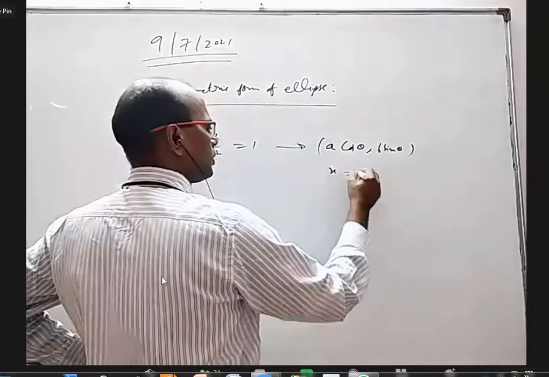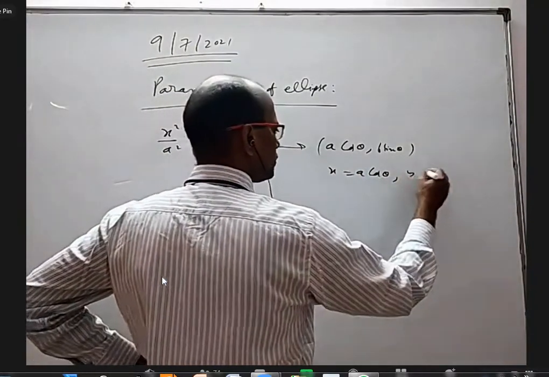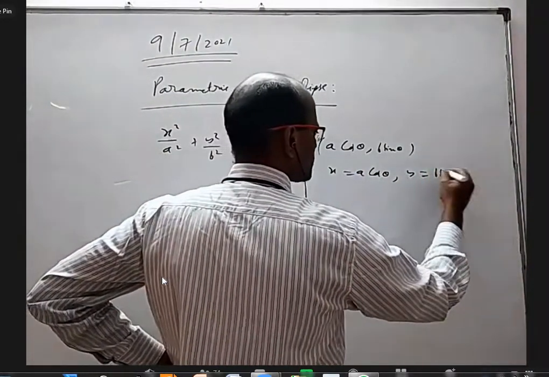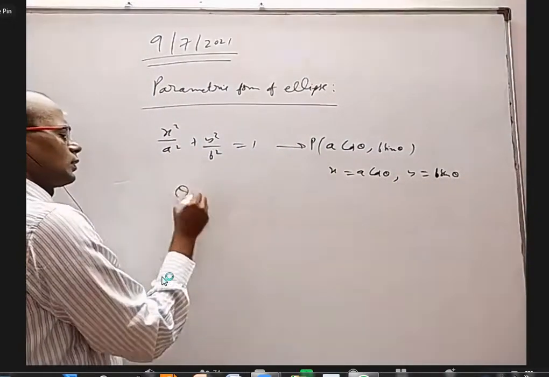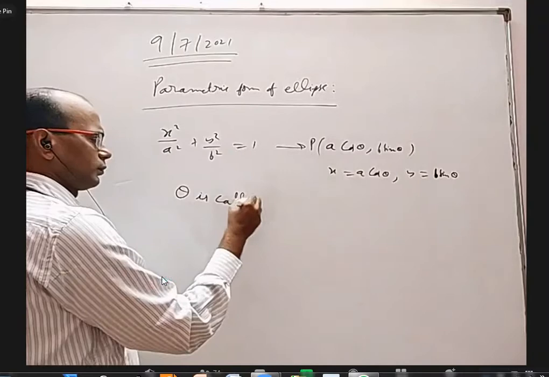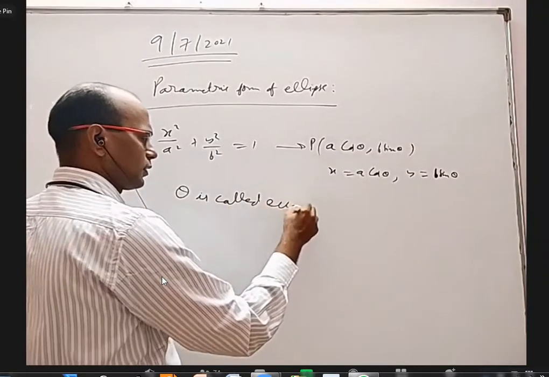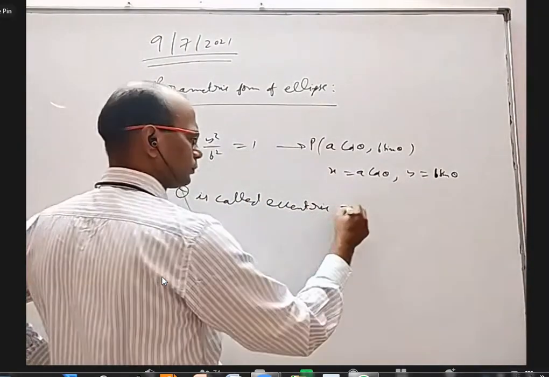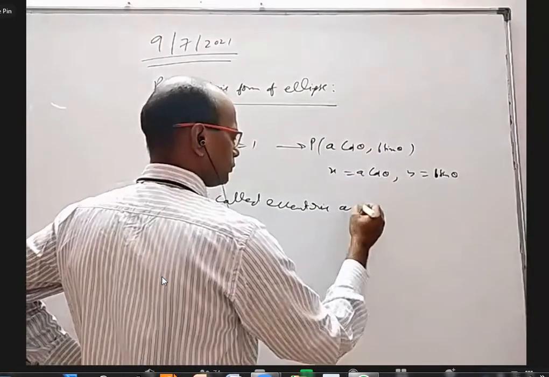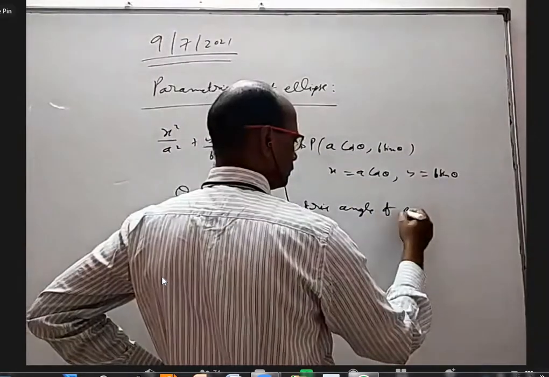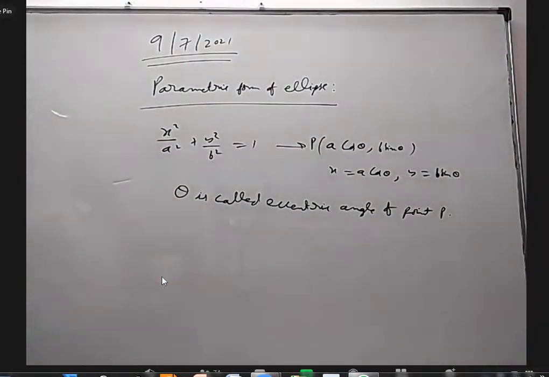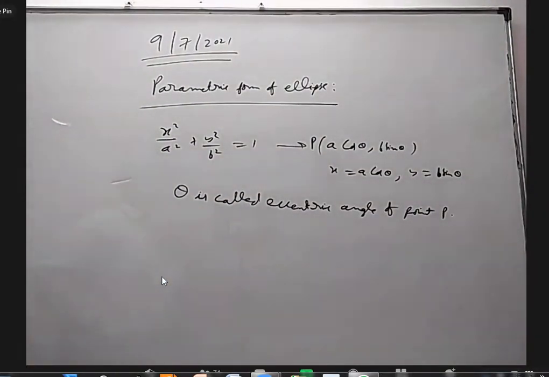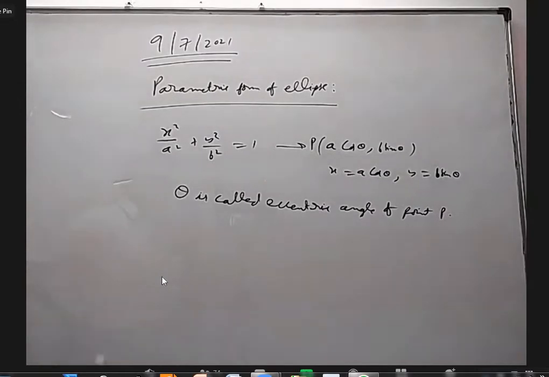Or you can call x is equal to a cos theta, y equal to b sin theta. So this is point P. Theta is called the eccentric angle of point P. There is no use of using the word eccentric. Some parameter you can call it. This is called eccentric angle.